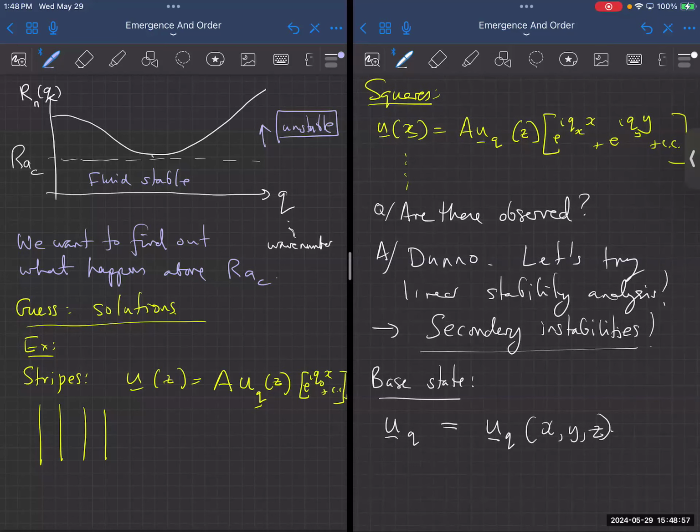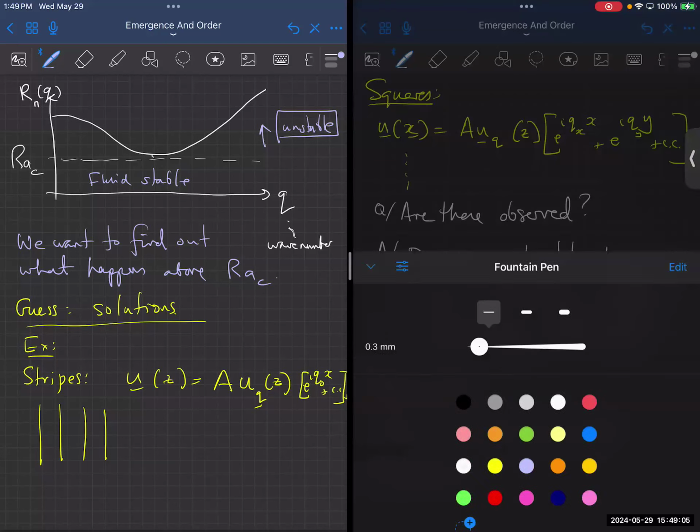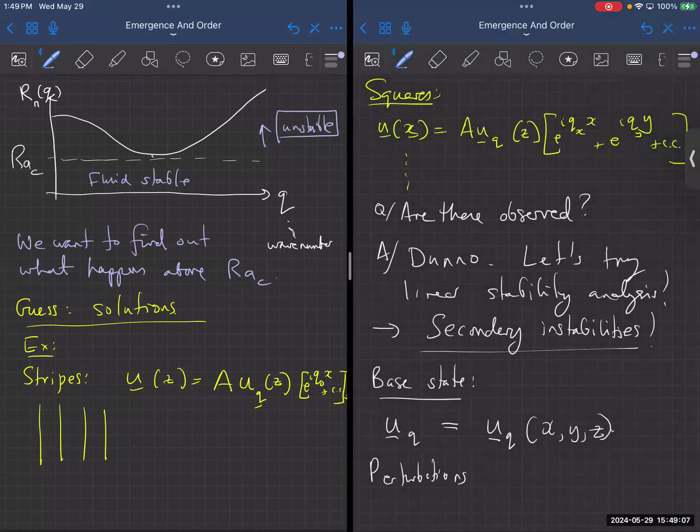And then I'm going to look at perturbations. So notice that this state is already a periodic state. This q here is the periodicity of the pattern. Okay, it's not the wave vector, it's the periodicity of the pattern that has emerged.